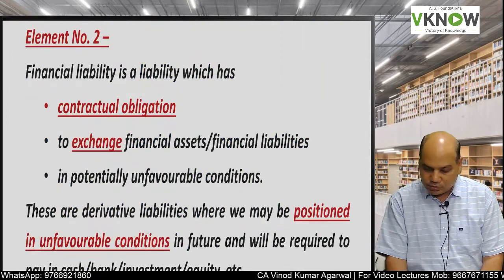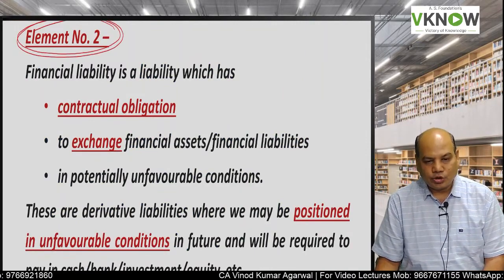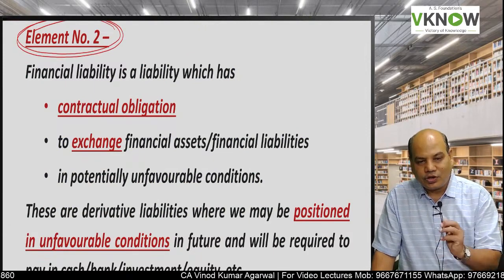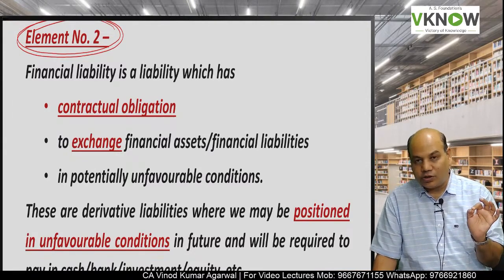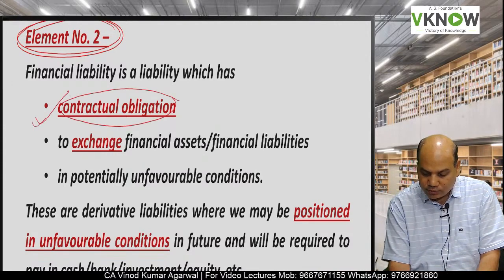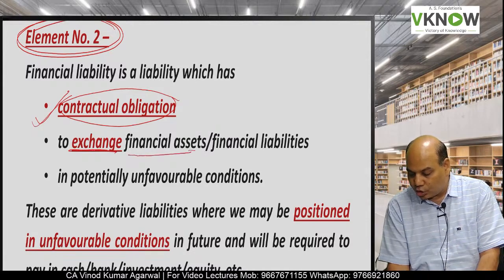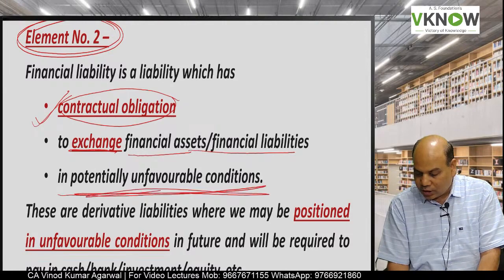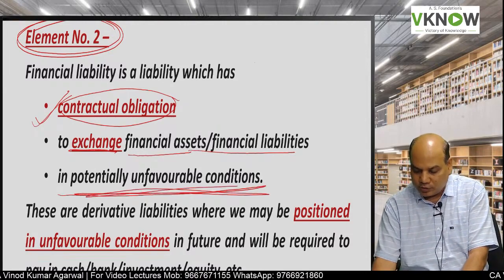Okay. Now we'll come to element number 2. As we go ahead, the definition will become a little complicated. Element number 2 says a financial liability is a liability which has a contractual obligation to exchange financial assets or financial liabilities in potentially unfavorable conditions.